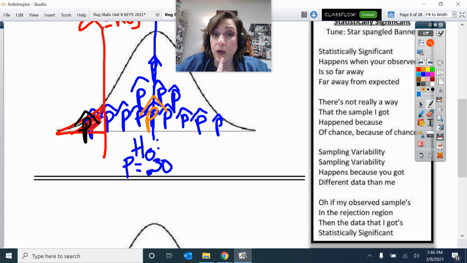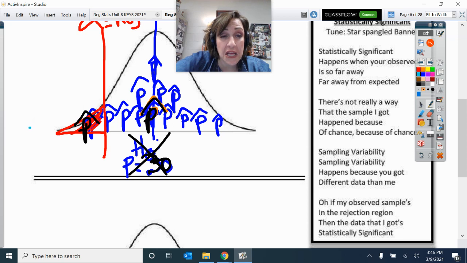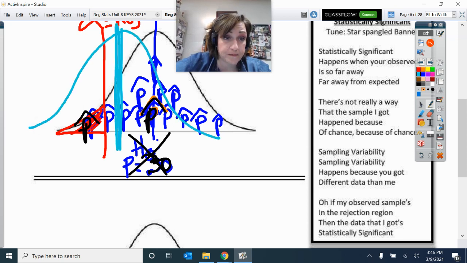I'm a little worried that the data might not really be centered around this place here of 30%. So if it's not centered there, then I would reject this and say, I don't think you're centered there. I think you are actually centered a little bit lower. Maybe this curve actually is about like this and centered at this location.